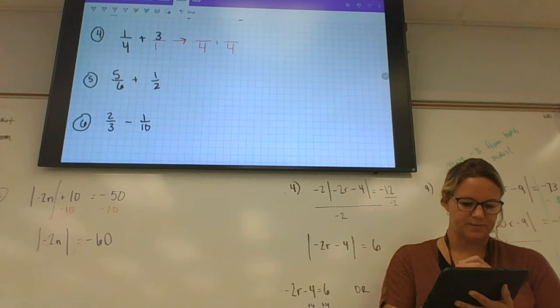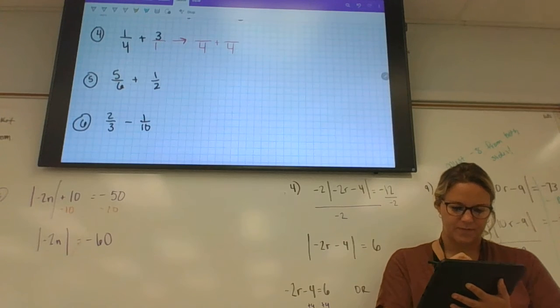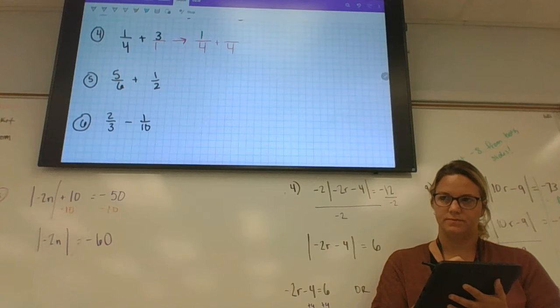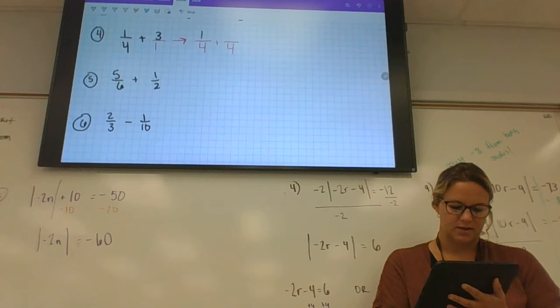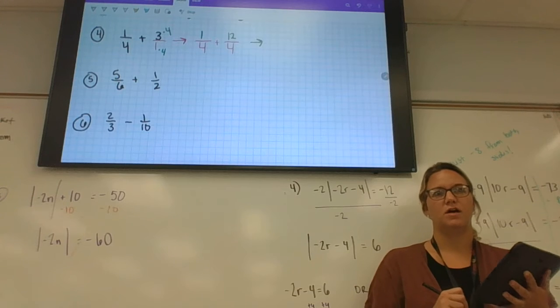Libby, what should I do? Yep. Yeah, because I multiplied the bottom by 4, so I'll multiply the top by 4. It would be 12 on top. So then what's our final sum?